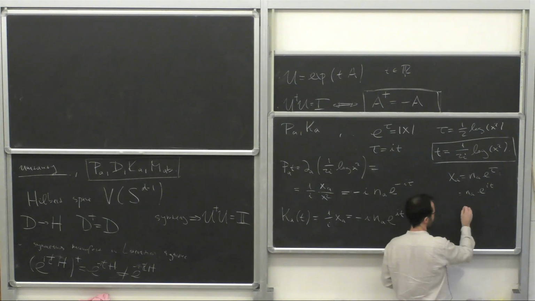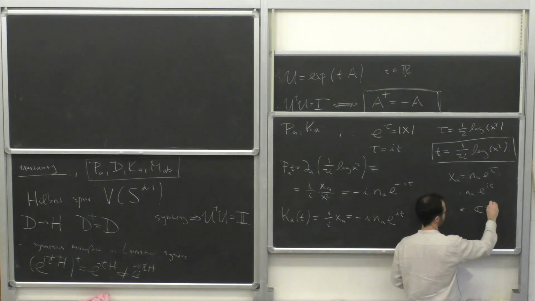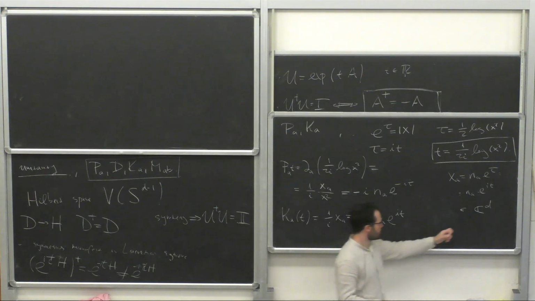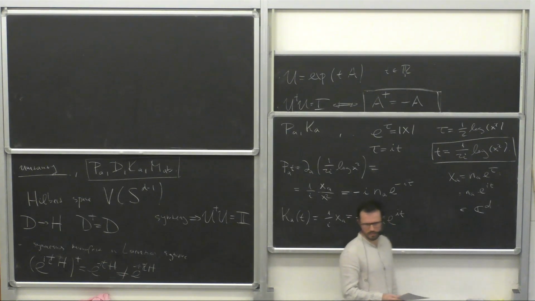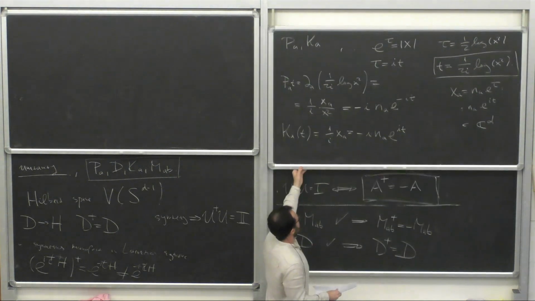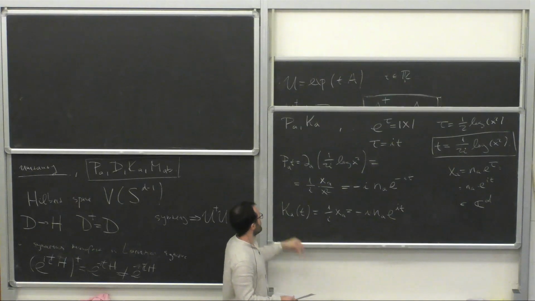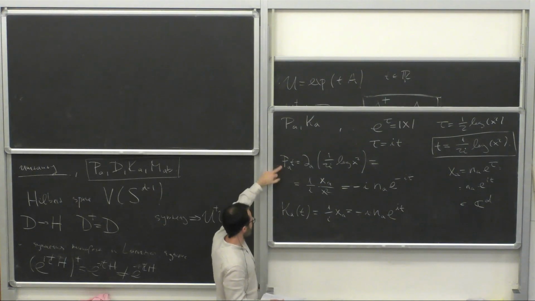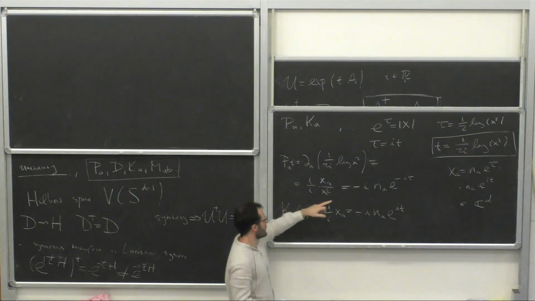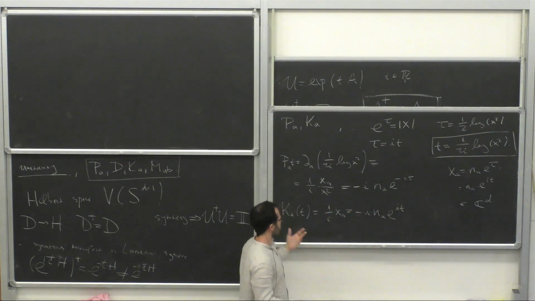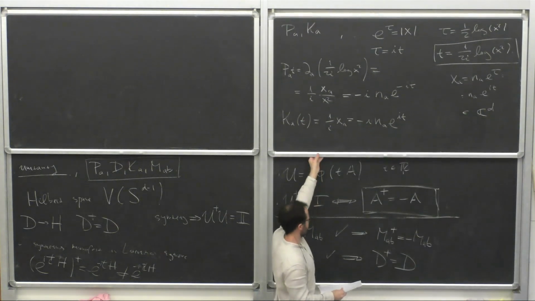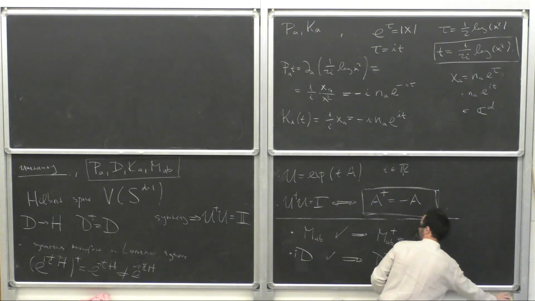This is some kind of d-dimensional real subset of d-dimensional complex space. You can see that individually, P and K certainly don't preserve it, because if you act on a real time, you get something complex with both of them. But there's a linear combination which works. So what's the linear combination?